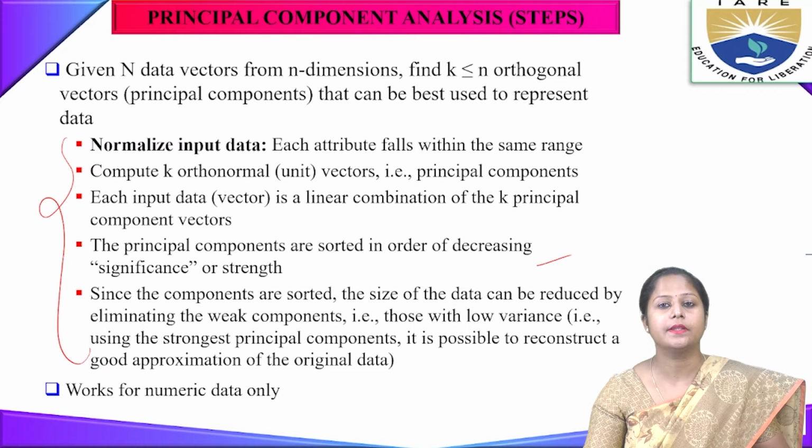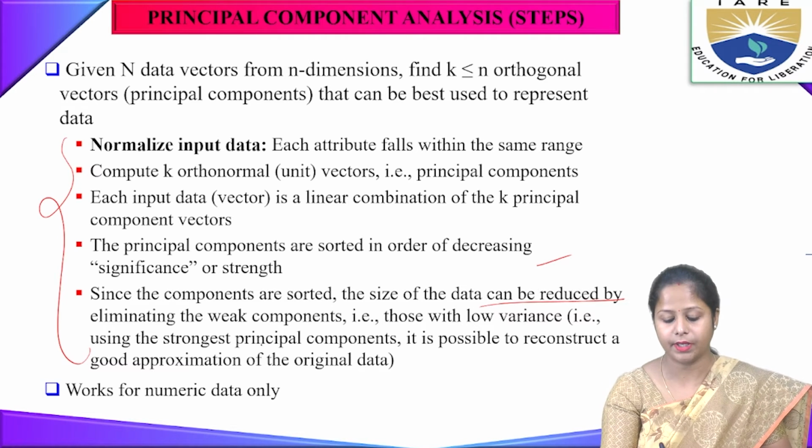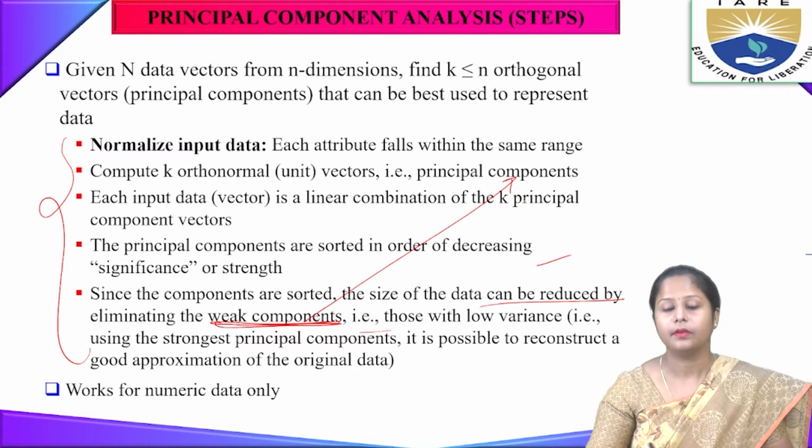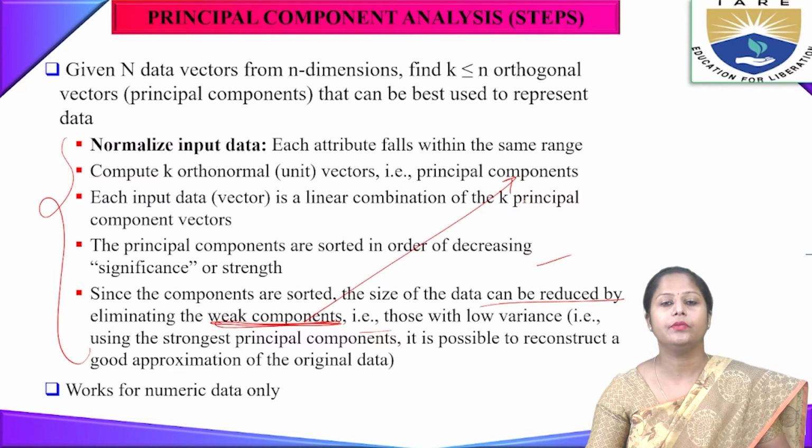Since the components are sorted, the size of the data can be reduced by eliminating the weak components. So we need to eliminate the weak components, that is, those with low variance.